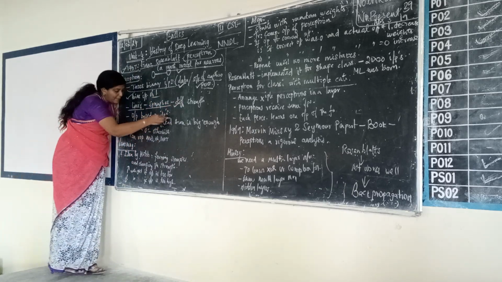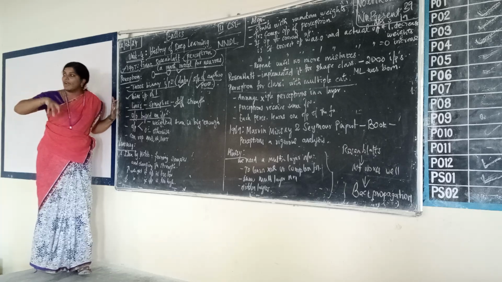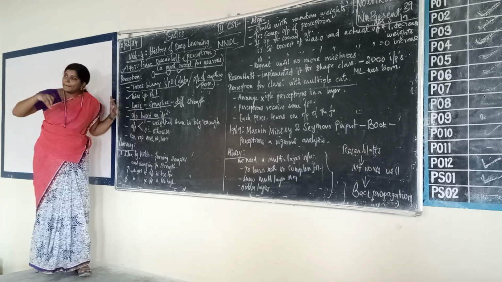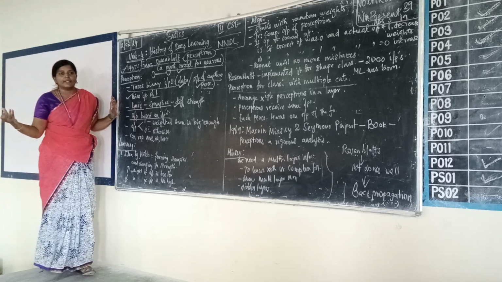The output will be based on the input values. You know it, right? Based on the input values we compute input times its associated weight, and we can calculate the output.